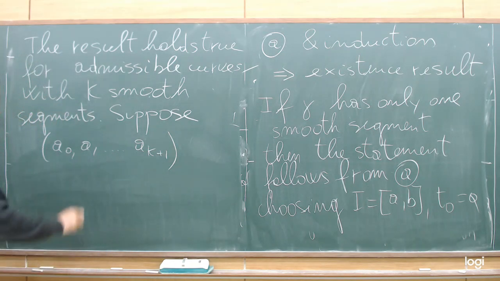This means that now we have k plus 1 smooth segments.